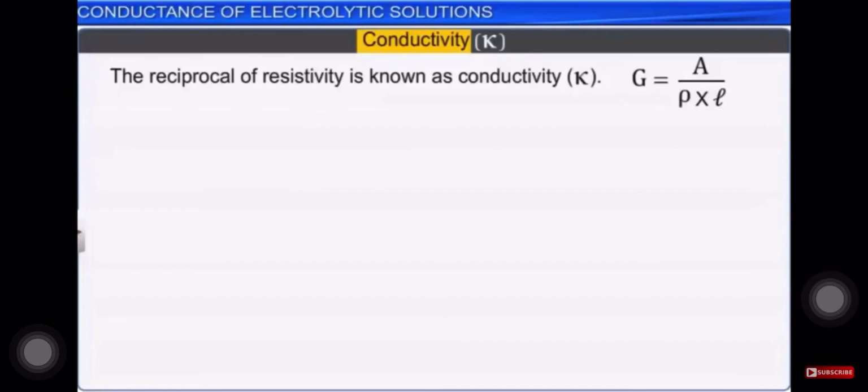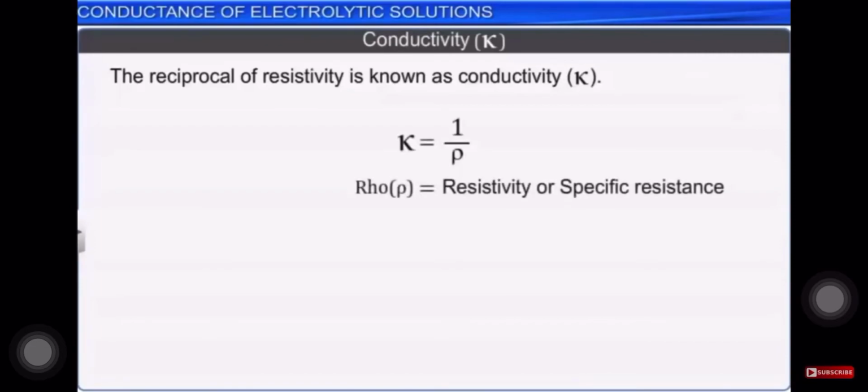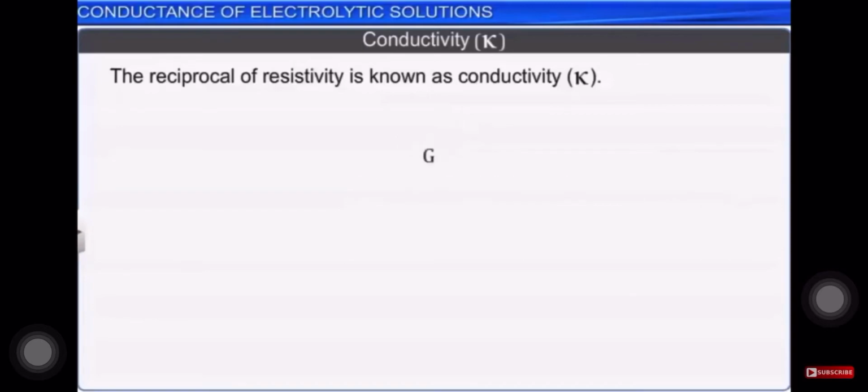Here the proportionality constant, that is conductivity, is known as K. The symbol is K, and the name of that is kappa. So we can say that this kappa is the inverse of rho. Yes, it is the inverse of resistivity.